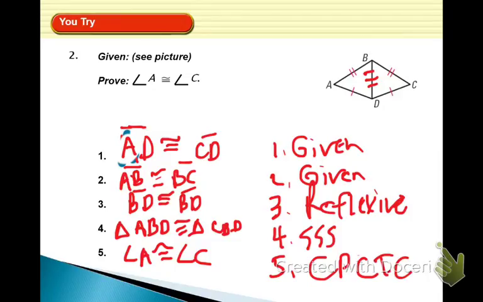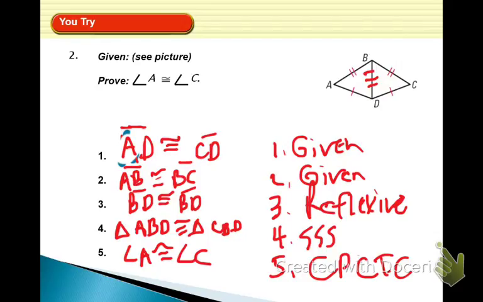On CPCTC, you will never say triangles are congruent by CPCTC. It's always parts. And it's always going to come after a congruent shortcut, after you've shown triangles are congruent. The common error is people will say these triangles are congruent by CPCTC, and then they'll say the next line is a shortcut.